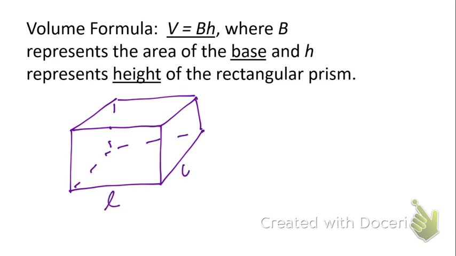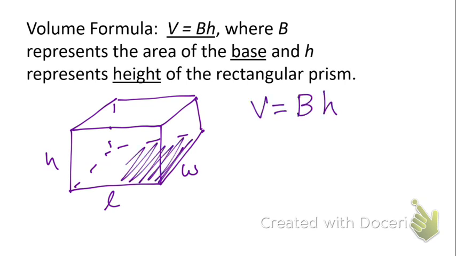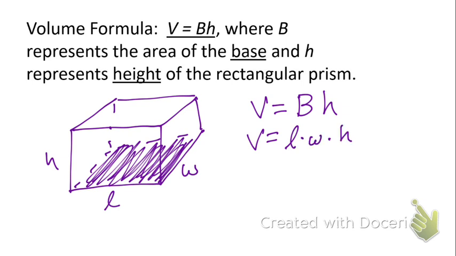So length, width, and height. Capital B is the area of the base. We keep talking about that base of our rectangular prism. It is a rectangle. So how do we find the area of that? That'd be length times width and still times height. So that's where that formula comes from.